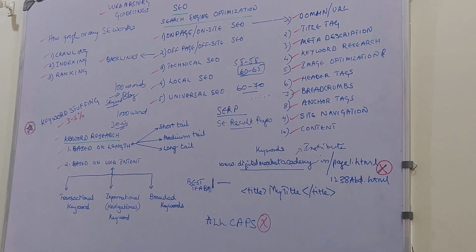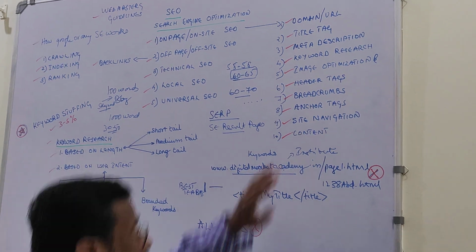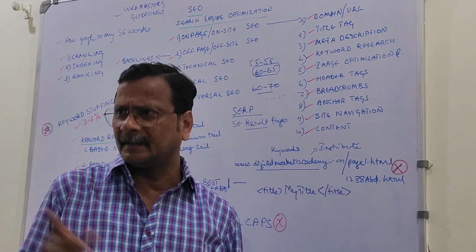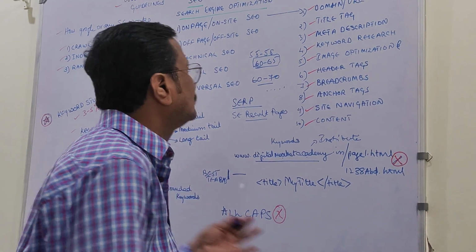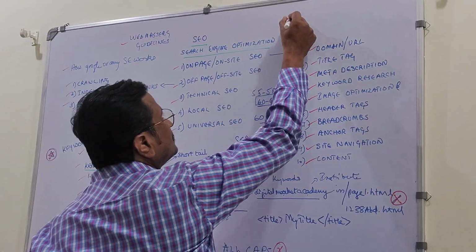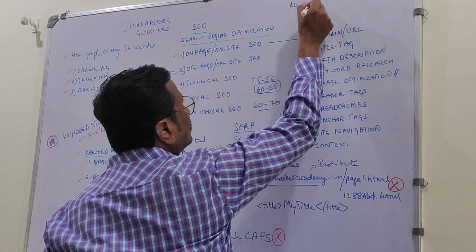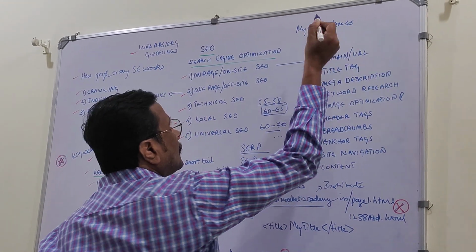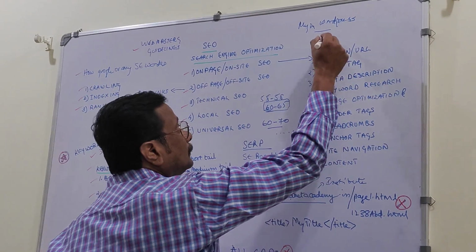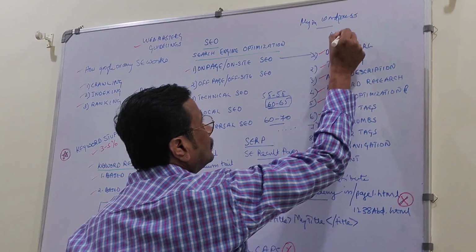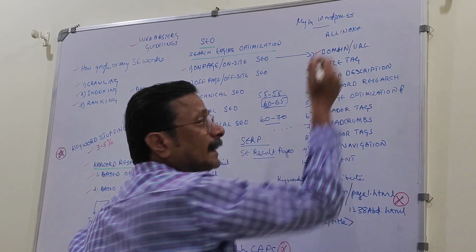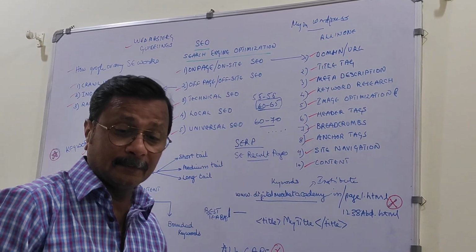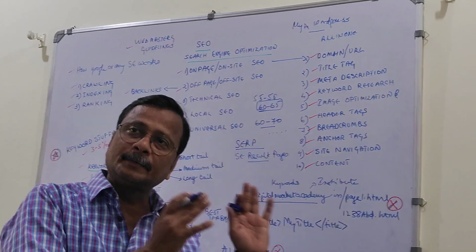Important points. Create the meta description. When you are using the meta description, as I told you on Monday's class about the plugins to be used in WordPress, there is a plugin called All in One SEO or Rank Math. These kinds of plugins will help you in writing the meta description to be shown in SERP.